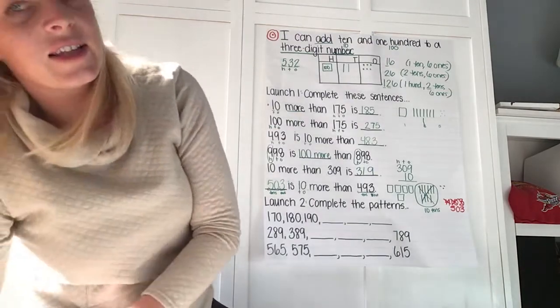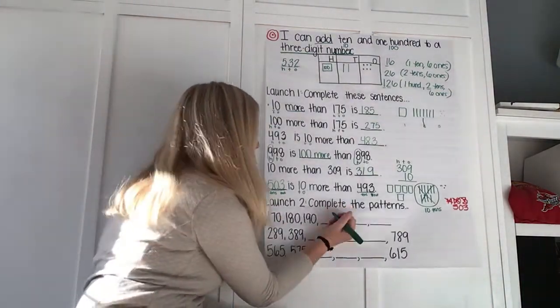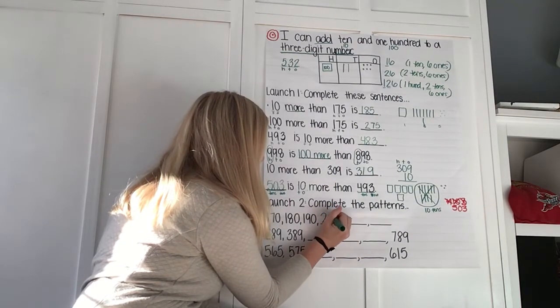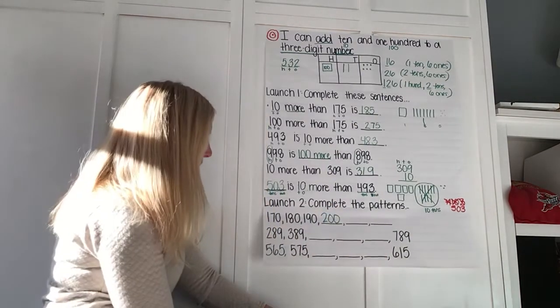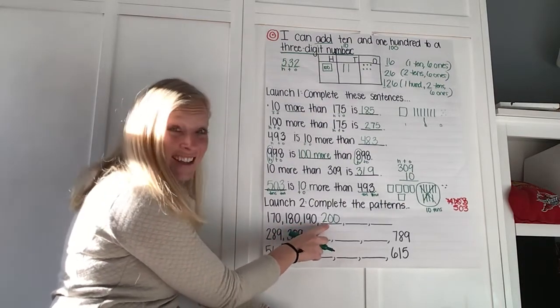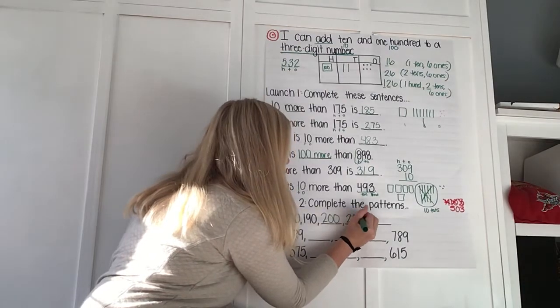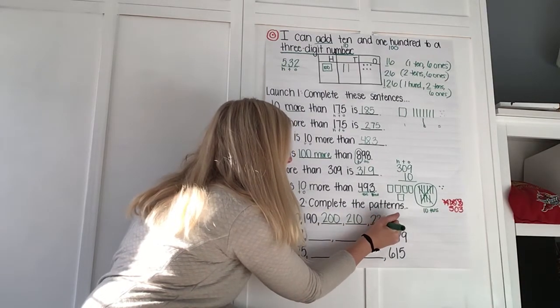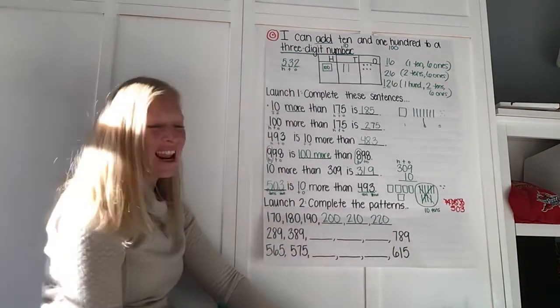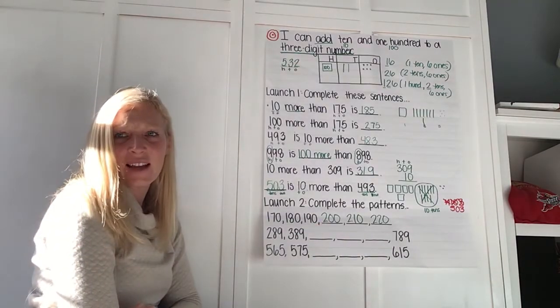All right, friends, it's come together. Talk to me, my loves. What's going to come next in this first one? How do you know? 70, 80, 90, the next 100. Okay, so then what's going to come here? So why did the hundreds and the ones and the tens change here if we're just adding 10?